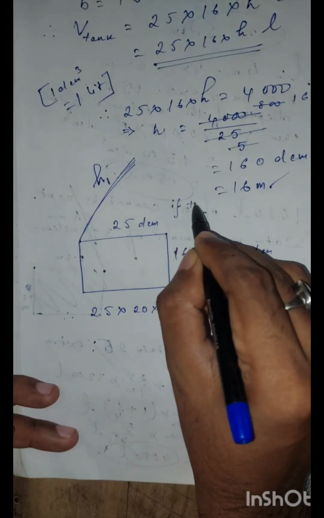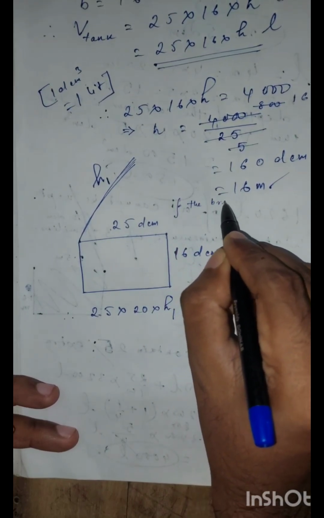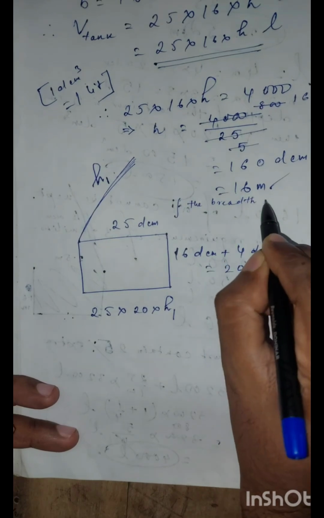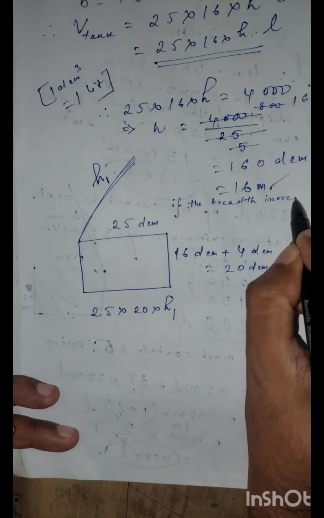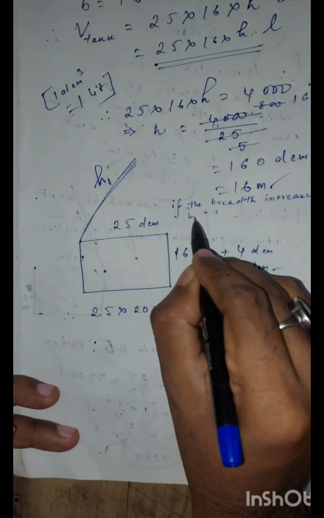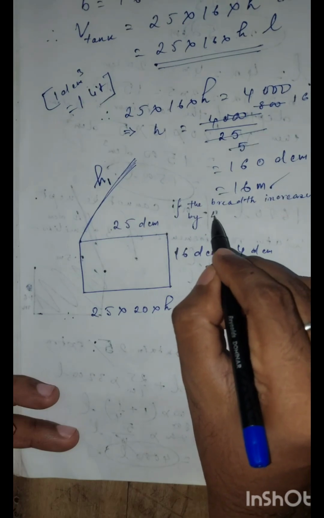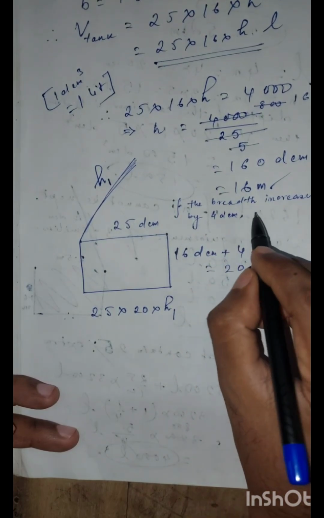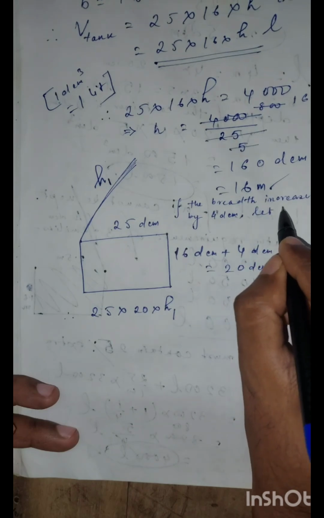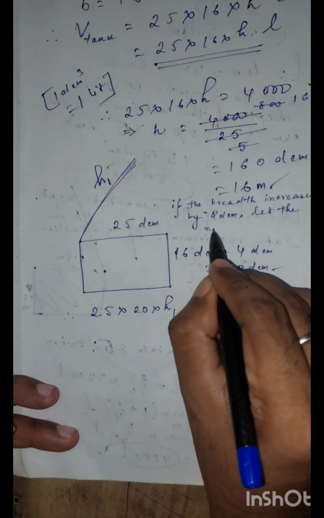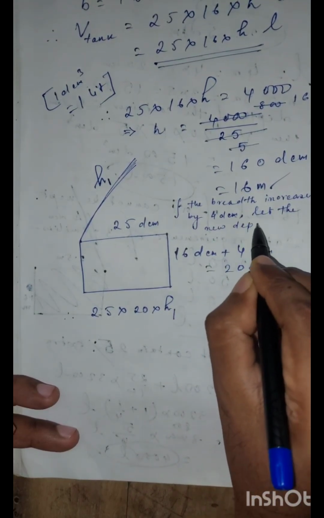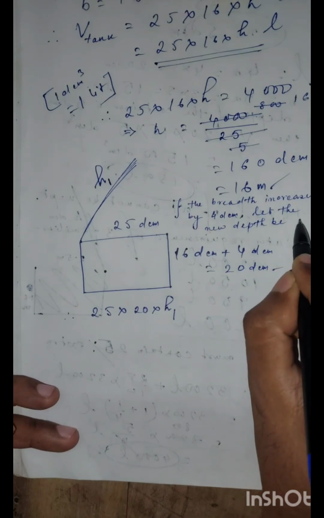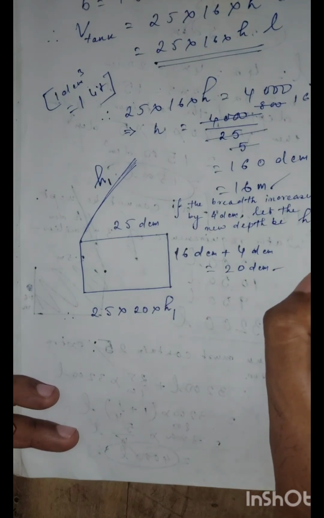If the breadth increases by 4 dcm, let the new depth be H1 dcm.